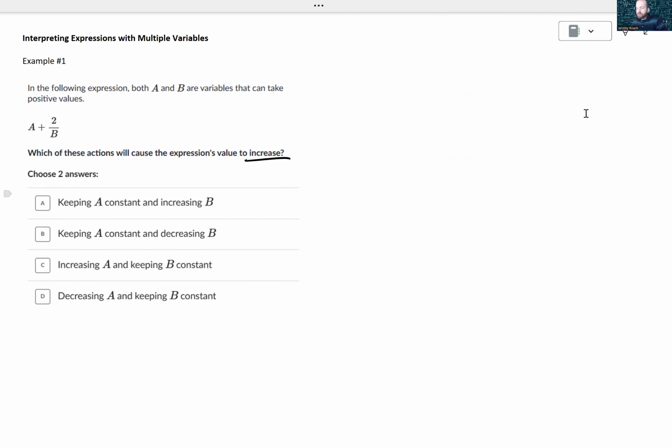And you might be able to intuitively figure this out without writing down much math on your own, but I'm going to show you a way that you can solve this by just letting a and b equal some amount. So we're going to say let a equal 5 and let b equal 3. These are just random numbers that I picked.